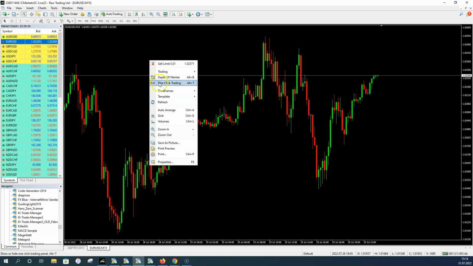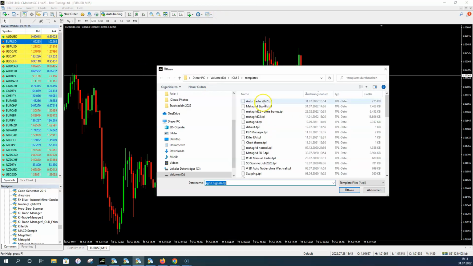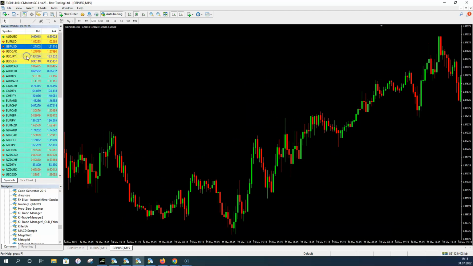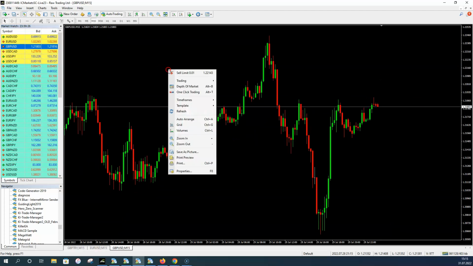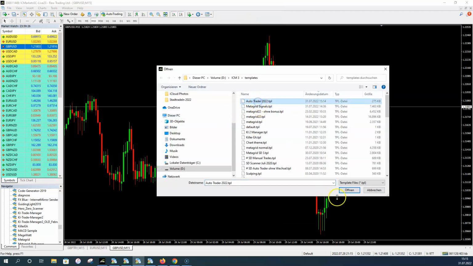And then we go on template, we make load template, and then we load again the Auto Trader template we just saved. Okay, we click on it, and then we have added the Auto Trader to the second chart. And we do the same with a third one. We open a new blank chart, and again we load the template we made.